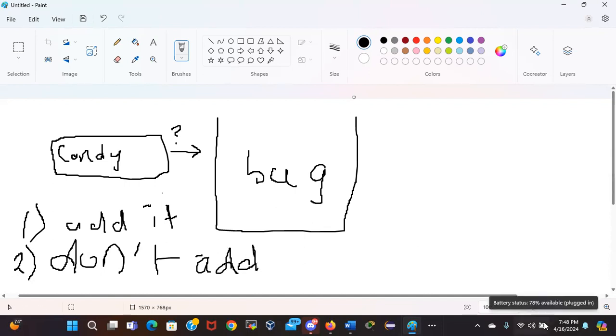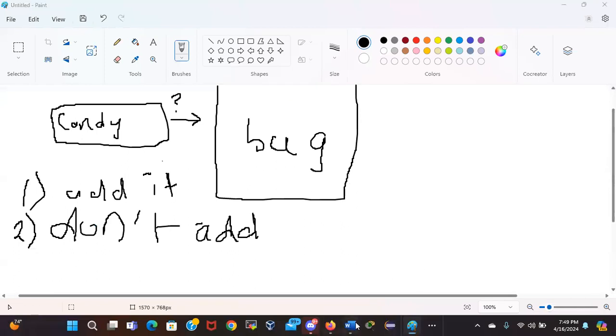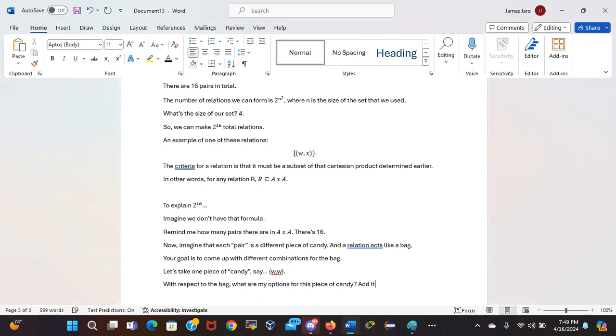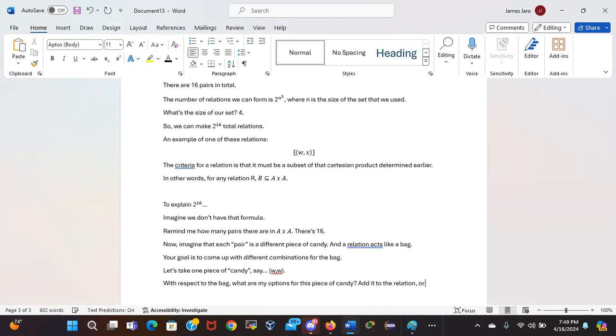Those literally are the only two options we can do: put it in the bag or don't put it in the bag. Does that make sense? Or kind of how the visuals work? So my options are add it to the relation or don't add it to the relation. Does that make sense?